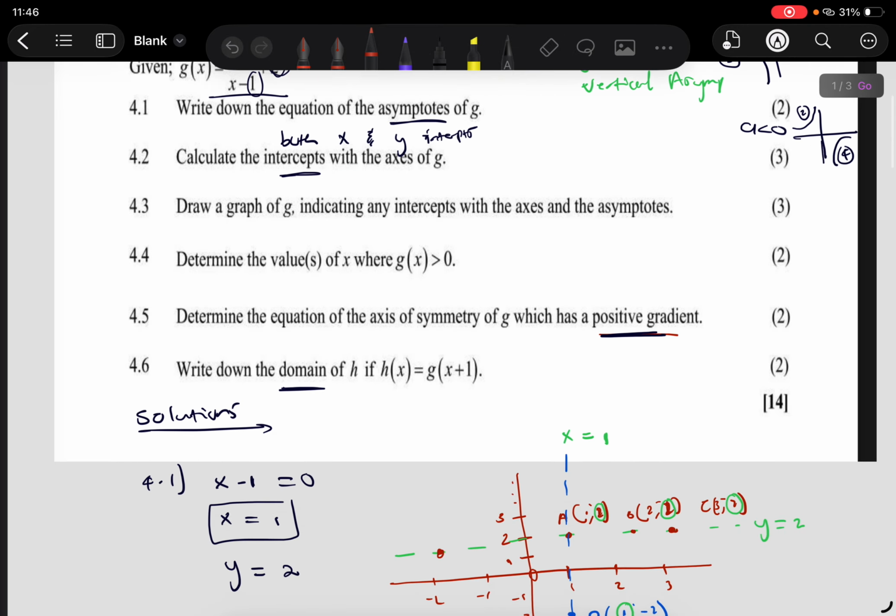4.6, write down the domain of H if H of x is G of x with a transformation, right? So H of x is G of x moved 1 unit, but where are we moving the unit to? It's a plus 1, so it is moved 1 unit to the left, and we know that it is a horizontal shift because it is affecting the x.